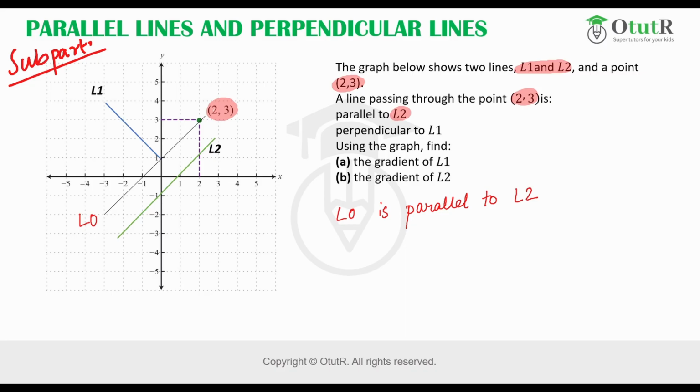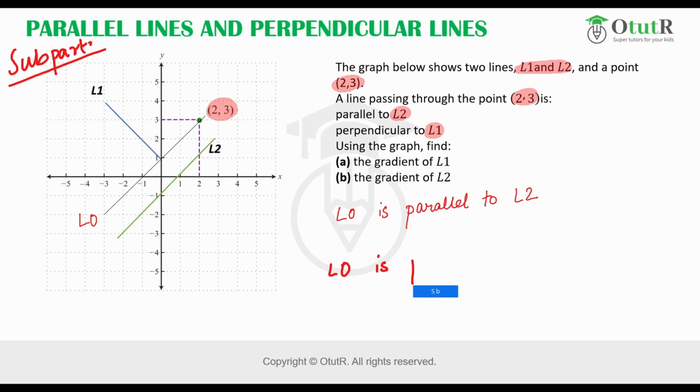Done. After that, the next part of information that has been provided to us is that this particular line is also perpendicular to L1. So perpendicular means what? That they make 90 degrees. So L0 and L1, they are perpendicular to each other. So let me write that piece of information as well.